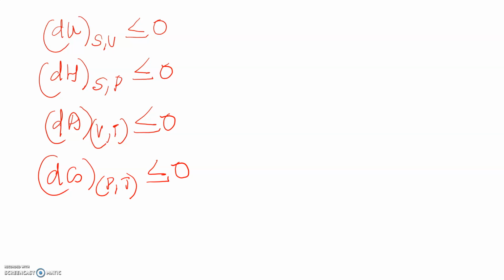The only thermodynamic function that increases during a spontaneous process is entropy. All other thermodynamic functions decrease during a spontaneous process. This is the criteria for spontaneity and equilibrium in terms of various thermodynamic functions.